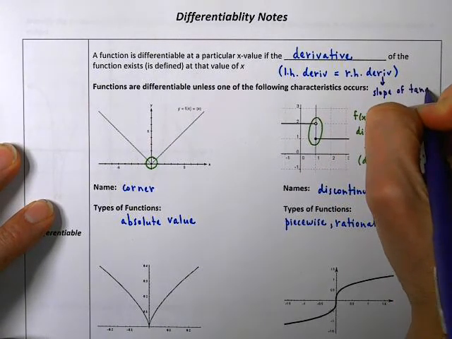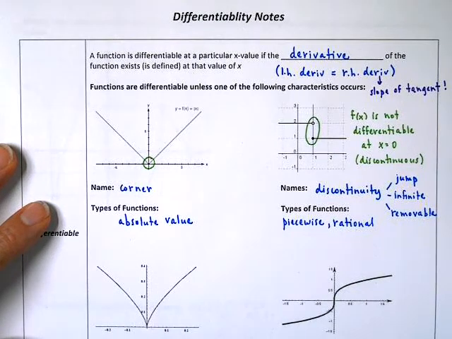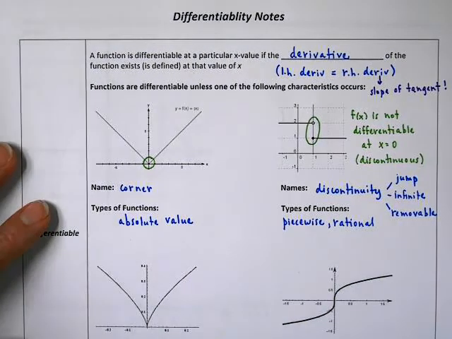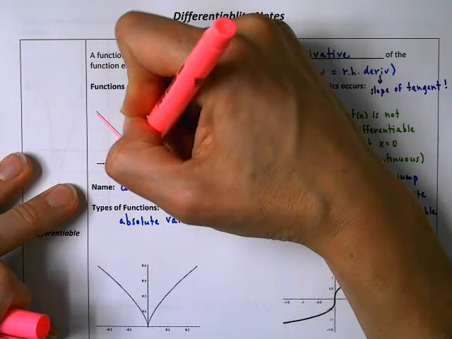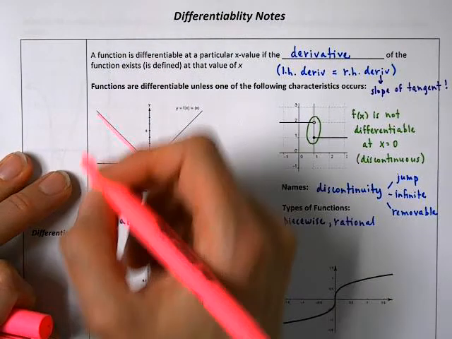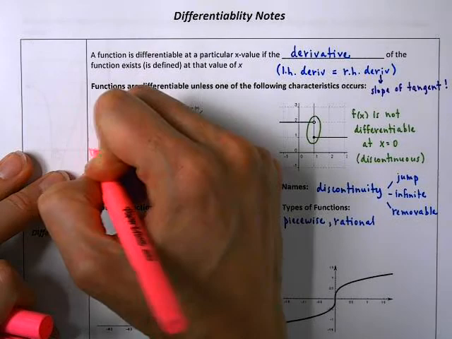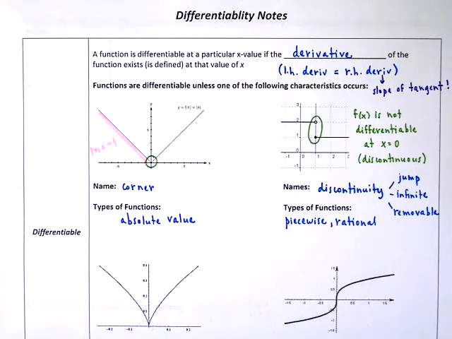So let's think about slopes with this corner example. If I'm looking here on the left side of x equals 0, on this piece, I know that's a negative slope. And actually here, if this is absolute value of x, my slope is -1. I know that's hard to see, sorry about that.